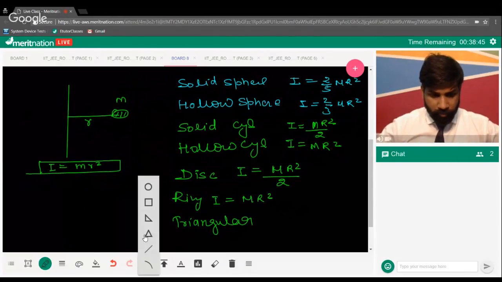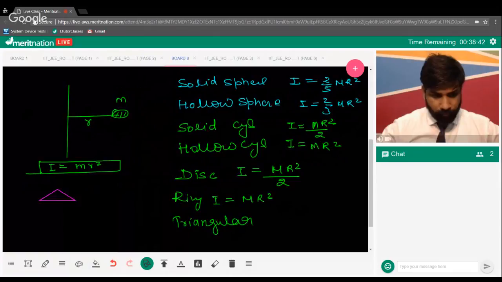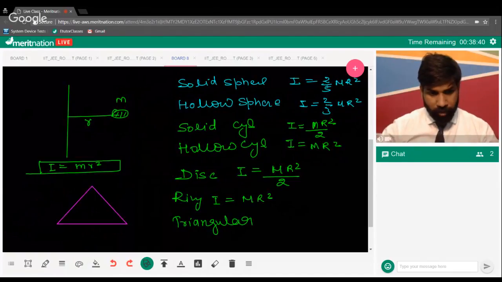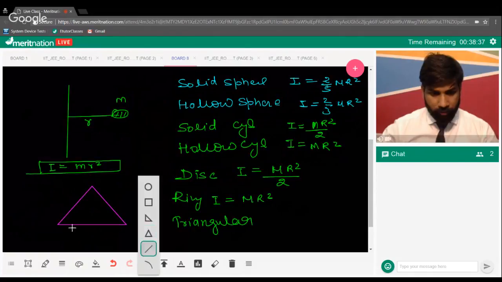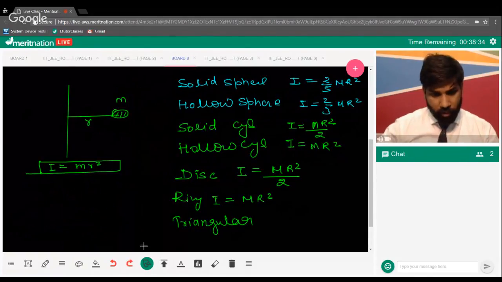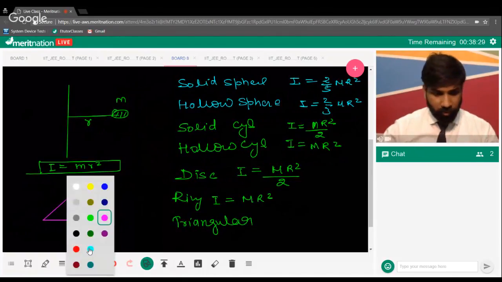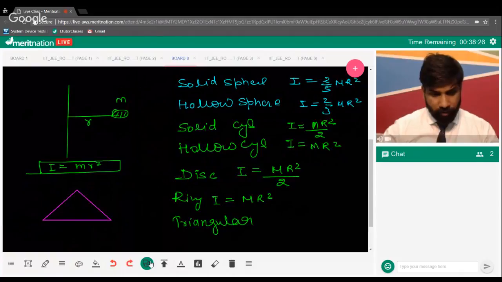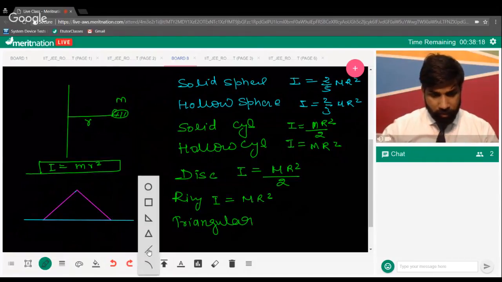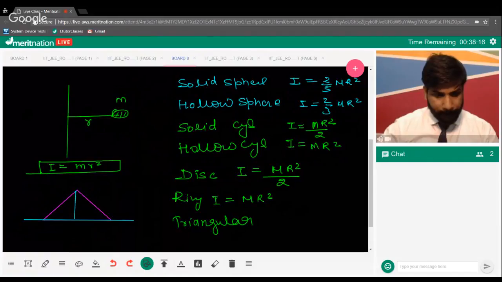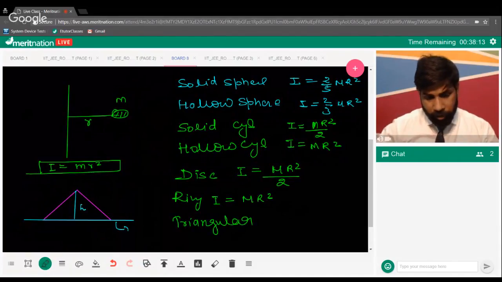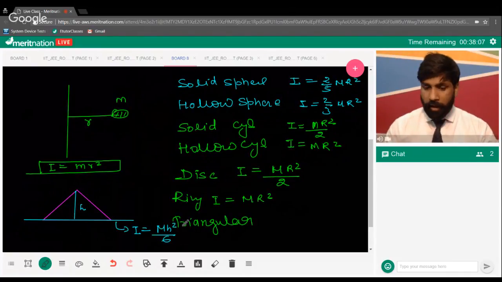See here, suppose this is a triangular plate, this is the base, and suppose this is the height of this triangular plate. So the moment of inertia about its base is I equal to mh square by 6.